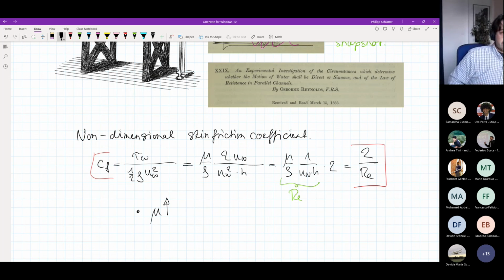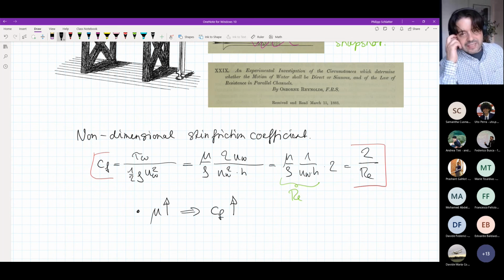If I increase the viscosity, the Reynolds number goes down, and in consequence CF goes up. This makes sense: as soon as I'm using a more viscous fluid, if I go from, I don't know, water to honey, I need to work more to have the same speed.